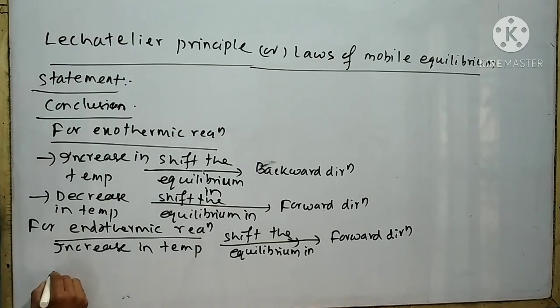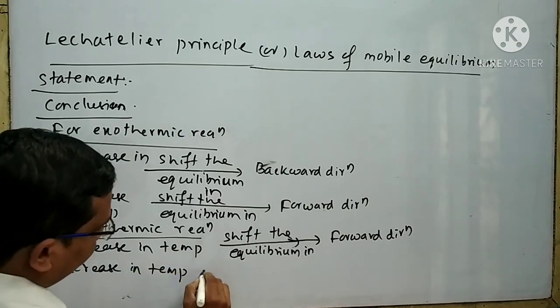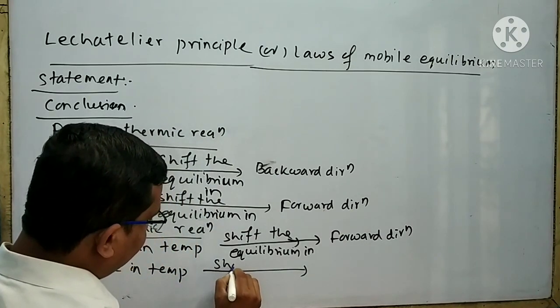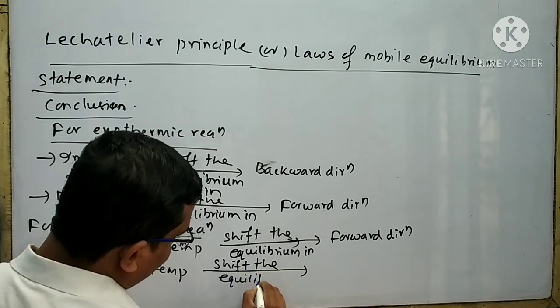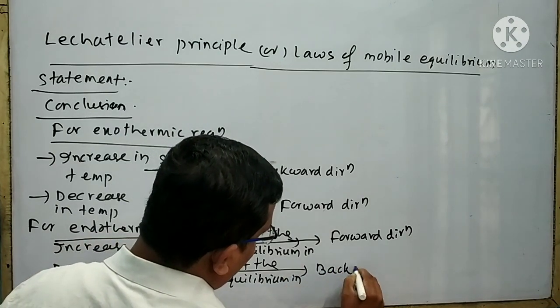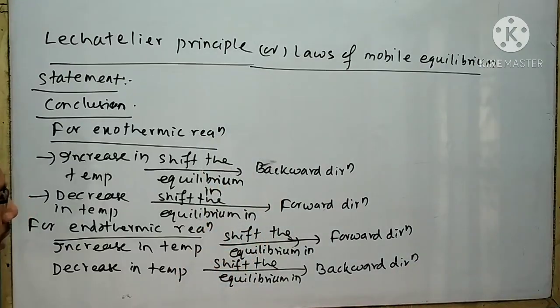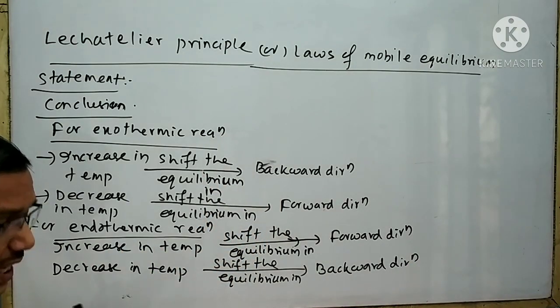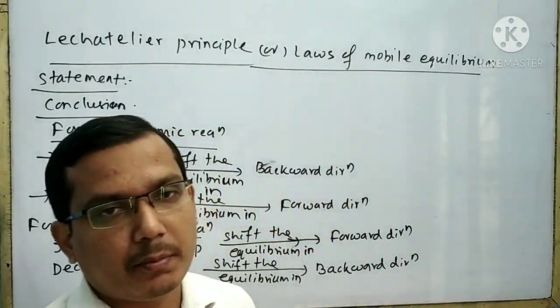Similarly, I can write for endothermic reaction, decrease in temperature shifts the equilibrium in backward direction. By applying this concept, we are able to predict whether the reaction is proceeding in forward direction or backward direction.